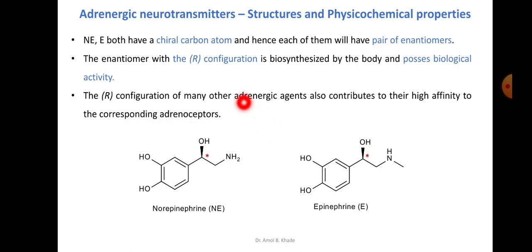If this hydroxyl group is attached to the beta carbon and is coming above the plane, it represents the R configuration. The R configuration of this enantiomer is biosynthesized by the body and possesses the biological activity. The R configuration of many other adrenergic agents also contributes to their high affinity to the corresponding adrenoreceptors.